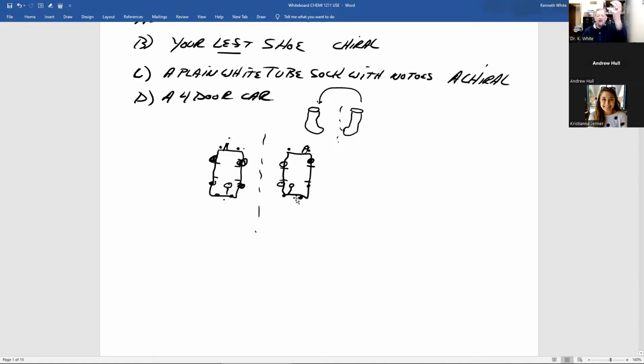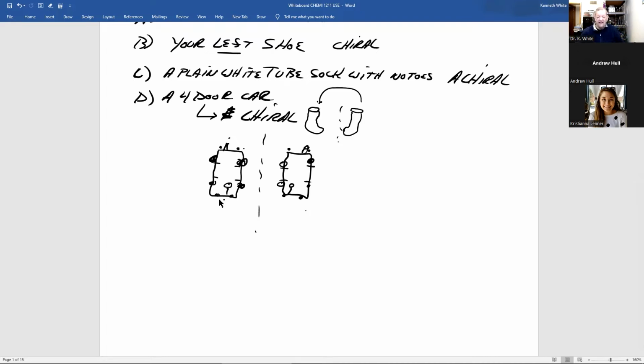Because when you flip it over, on the left, the tires are pointing down. On the right, they're pointing up. It's sort of like this, and they're not superimposable. So these are non-superimposable mirror images. So that means, I'm going to write the wrong thing, it's chiral.